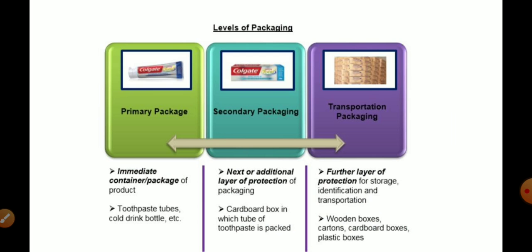Secondary packaging is the next layer of protection, like the cardboard box in which the tube of toothpaste is packed. And transportation packaging is a further layer of protection for storage, identification and transportation, like a wooden box, carton, cardboard box or plastic box, which are used in transporting the goods from one place to another.